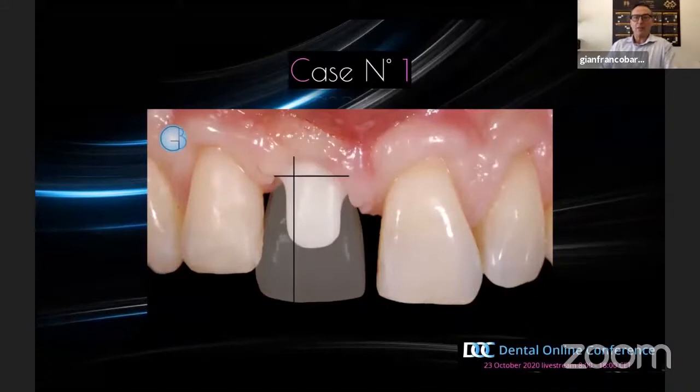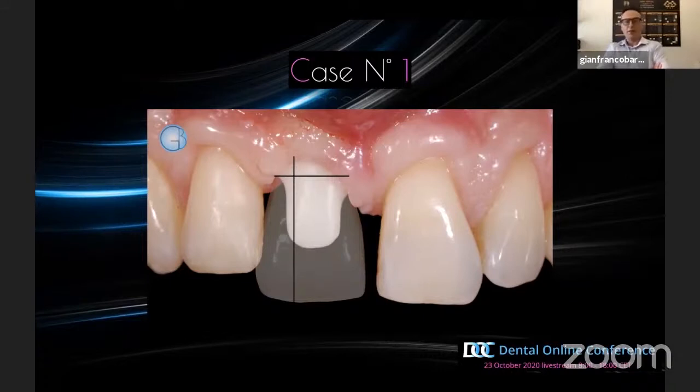In this slide, we can appreciate really well the zenith managed by the crown and custom abutment in zirconia.